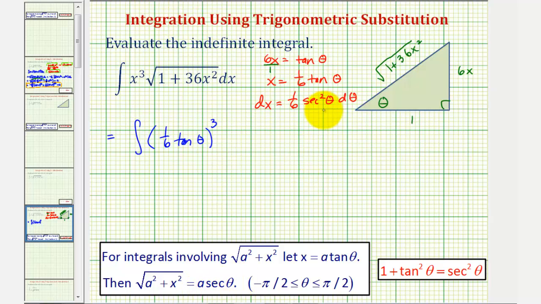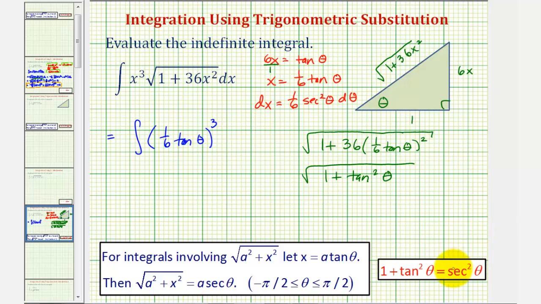Looking at just the square root, we'd have the square root of 1 plus 36 times x squared, which is 1/6 tangent theta squared. Notice how the 36 here and the 1/6 squared would simplify to 1. So this would give us the square root of 1 plus tangent squared theta, which is equal to secant squared theta. So this does simplify nicely to just secant theta.